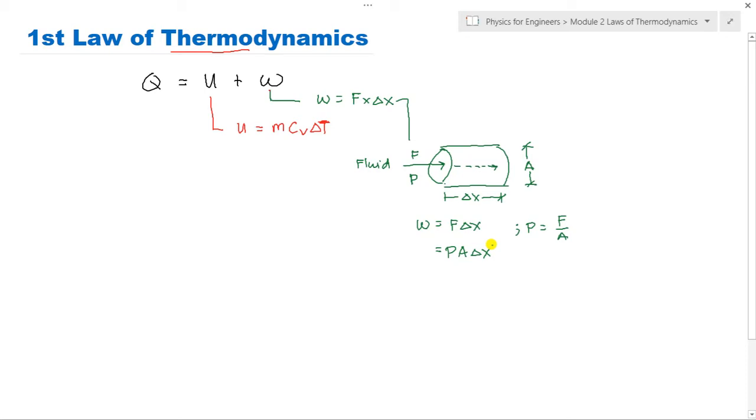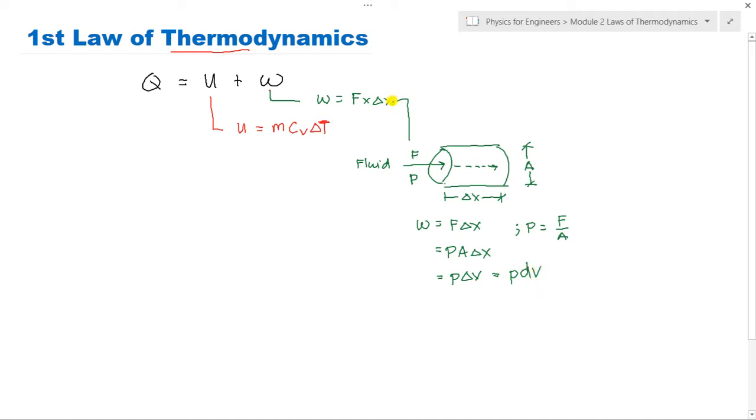Now, if we assume the system is a smaller cylindrical piece, the volume for this figure is just the cross-sectional area times this displacement. So therefore, we can say that this is just pressure multiplied by the change in volume, or in calculus, that is P dV.